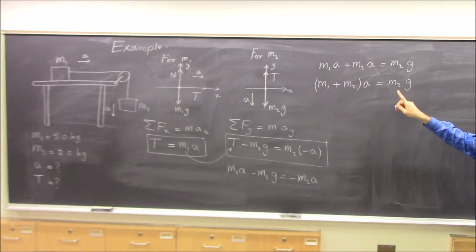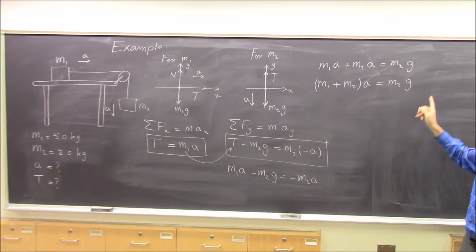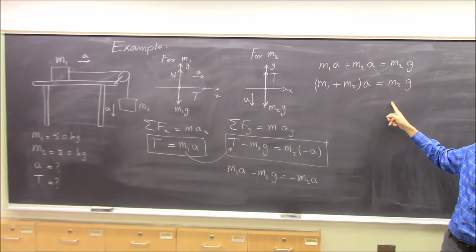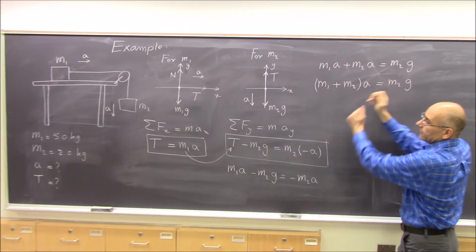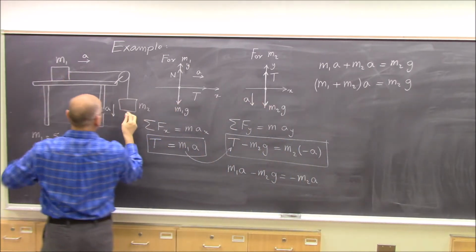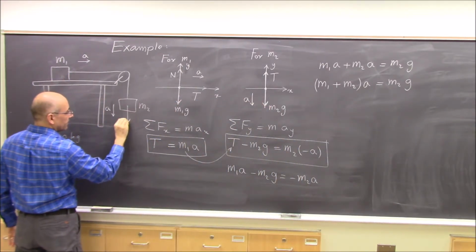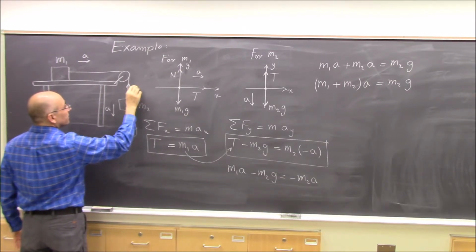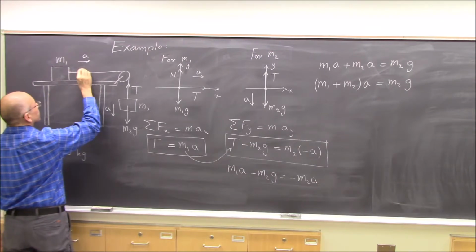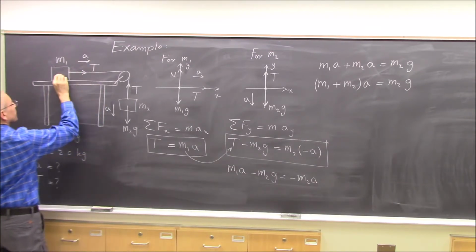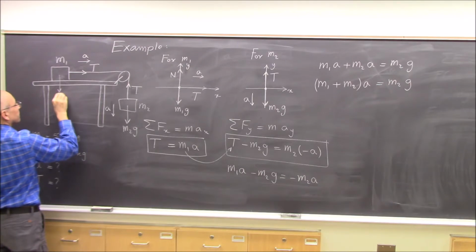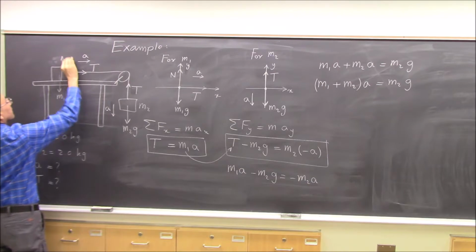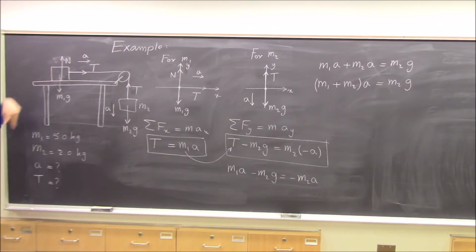Now I can solve for a, but before we do that, I want to take a look at this equation. What does this tell you? You see, this m2g is the net force acting on the system. There's tension force here, there's tension force here, and this is m1g and the normal force. M1g and the normal force cancel each other.